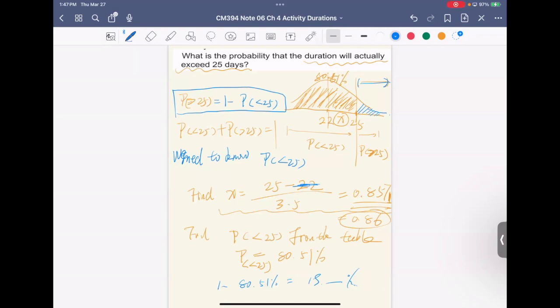And then this is the blue ball, and this is the red ball. So why is it 1 minus? Well, the total together is 100%. You have half chance to get a red ball, and you have 100% chance of getting a ball.